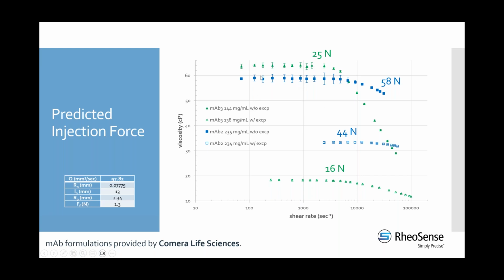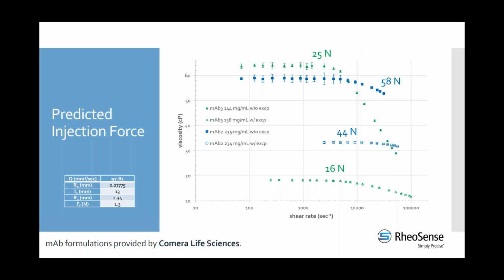So I took the data and did the analysis that I just provided for the non-Newtonian fluid using some delivery parameters, and I estimated what the predicted injection force would be. We'll see in a moment, when I compare predicted to measured, that these are good ballpark figures.